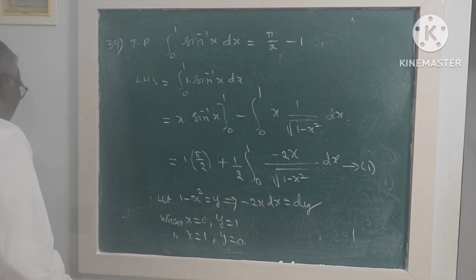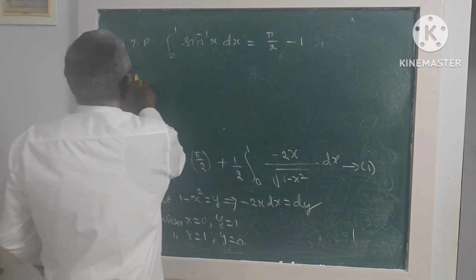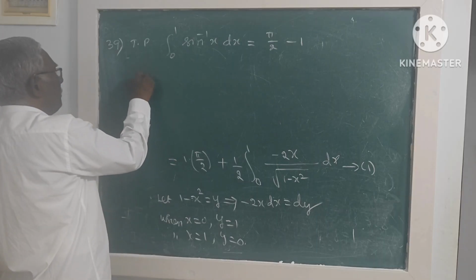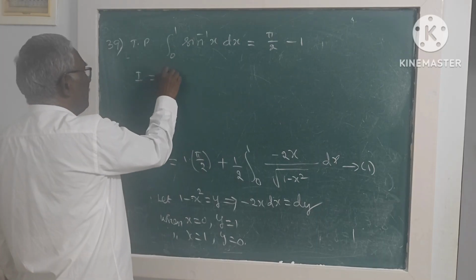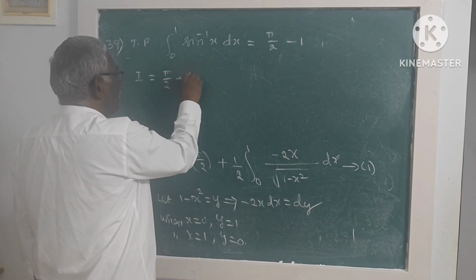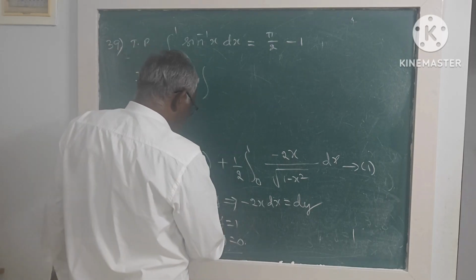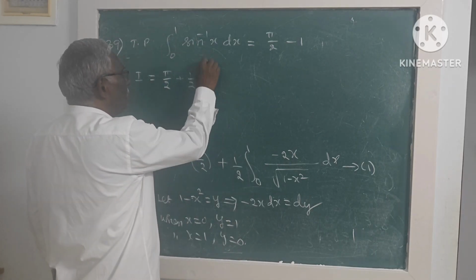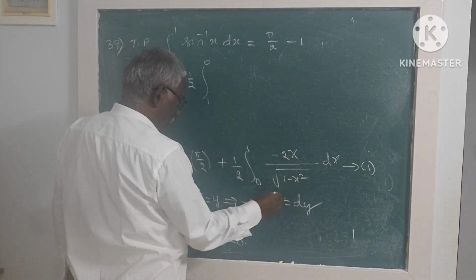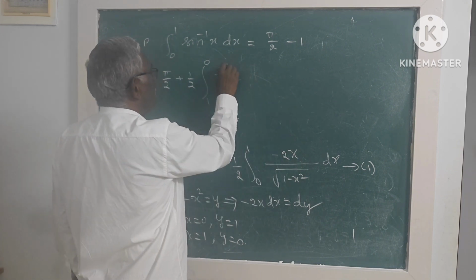Therefore it becomes pi by 2 plus half times integral y from 1 to 0 of 1 by square root of y dy.